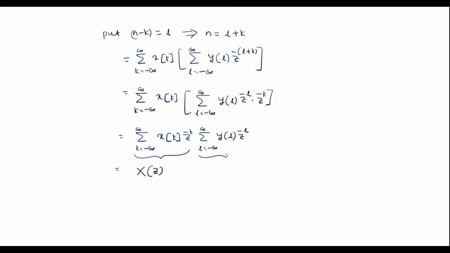The Z transform of this is nothing but the Z transform of discrete signal y of L, that is nothing but Y of z. Therefore, the Z transform of x of n star y of n is X of z Y of z.